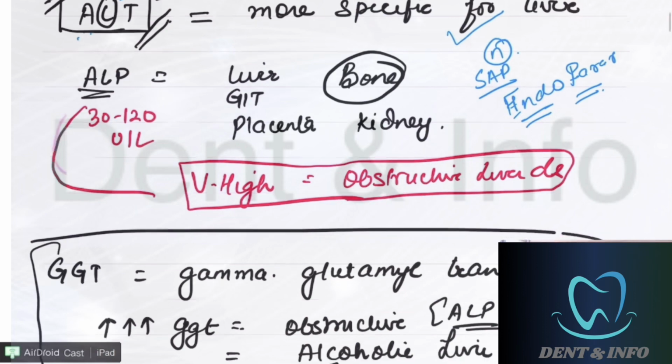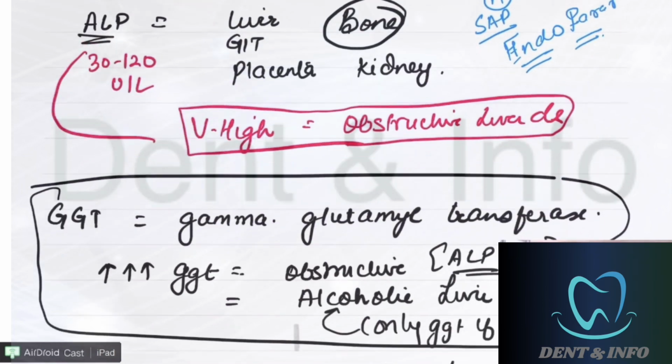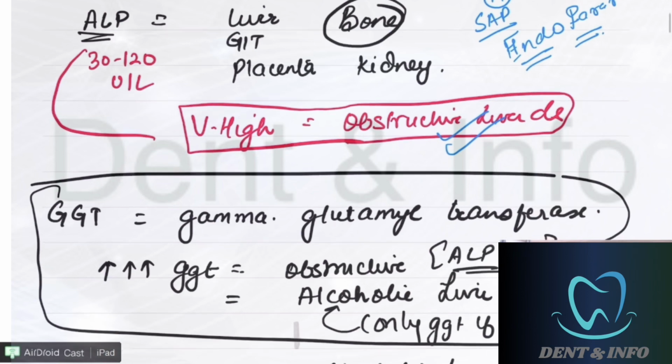ठीक है. Next. So ALP liver में कहाँ increase होता है? ALP liver में increase हो जाता है whenever there is obstructive jaundice, obstructive liver disease, something to do with the biliary duct. Now GGT.